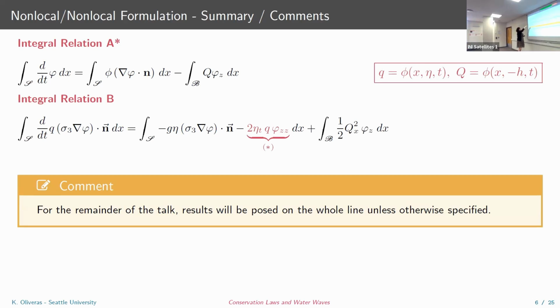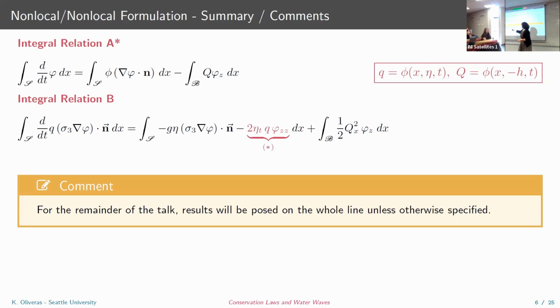Anytime you see these scripts, imagine replacing Z with eta, or for B, Z with the bottom minus H. The second equation, also I can write this as a time derivative of the product of potential times this interesting quantity. And I can write it in terms of other things. Now, here's the thing. If the right-hand side disappeared, I have conservation laws. I have things that are written in terms of surface variables that are conserved. Okay. So the game is, can I make this disappear?